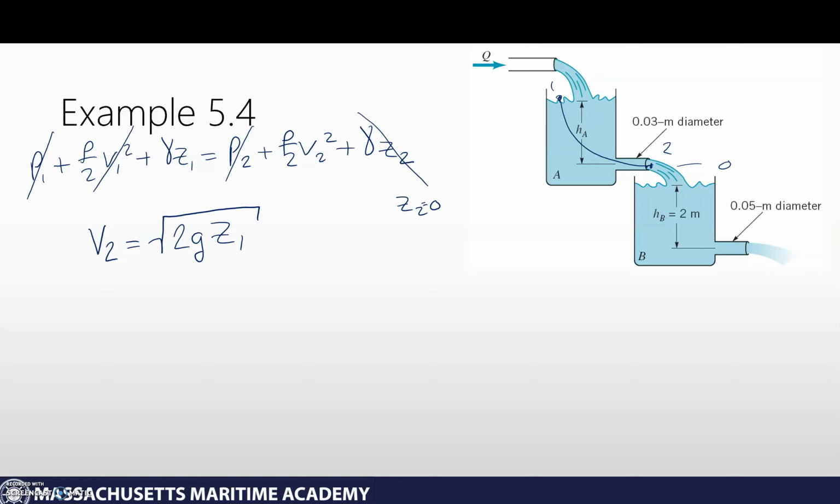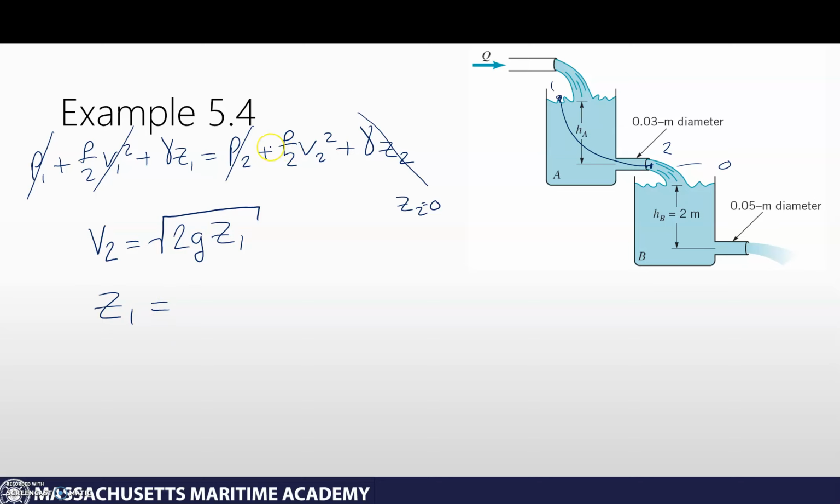Of course, we already know V2, so we probably should have arranged that to be Z1, so let's do that instead. So I'm going to take Z1, and then I'm just going to divide through by the specific weight.